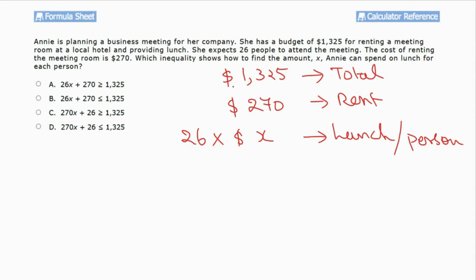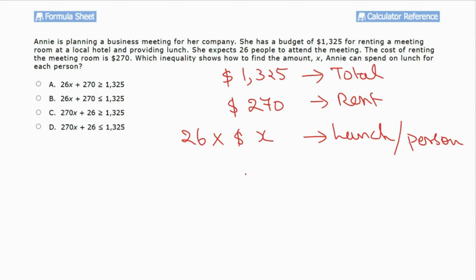So whatever the budget is, she has to include all these things inside this amount. So that means it can be equal to this amount or less than this amount. It cannot be more than that.